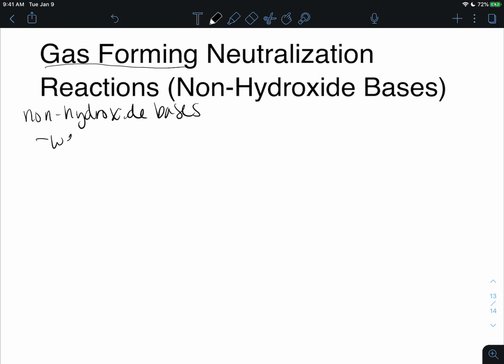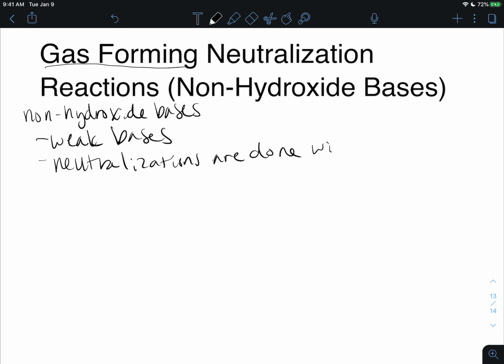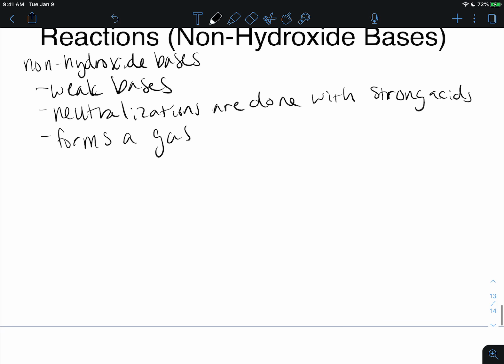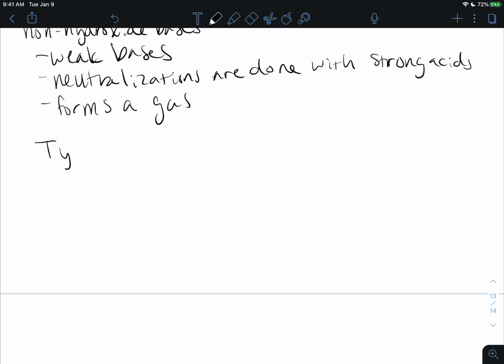Neutralizations are done with strong acids in order to get that full neutralization. Right? We don't want to have an equilibrium process here. In these, we're going to form a gas in each one of them, and I'll point out where we form the gas. So we've got our types.